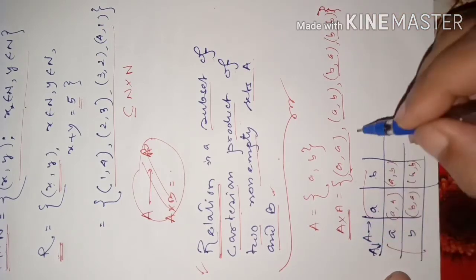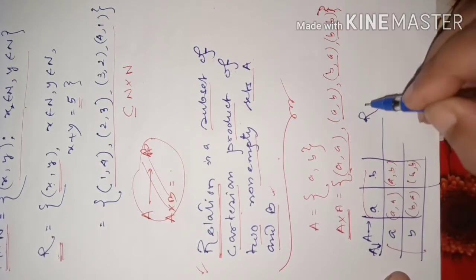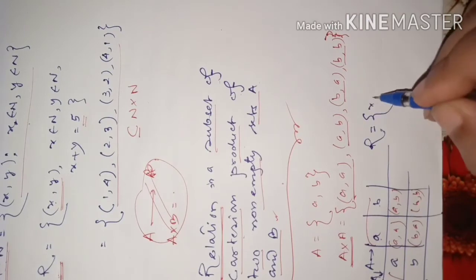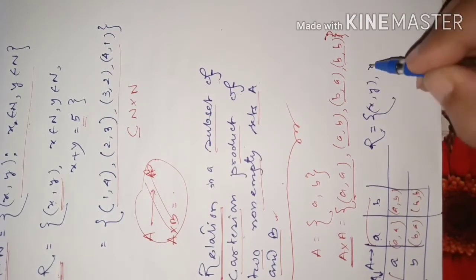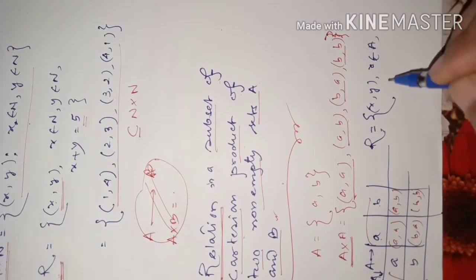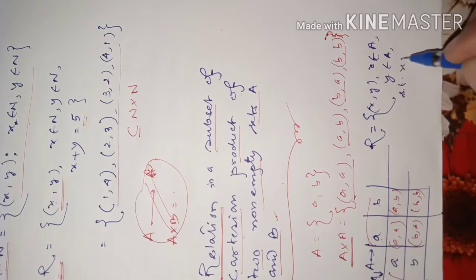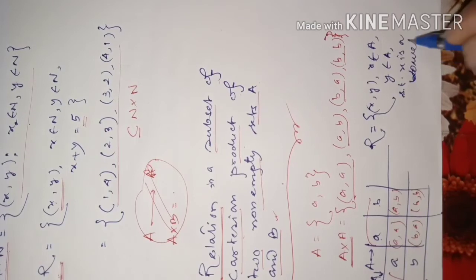That means from here, suppose I define a relation R, so that in it the pair (x, y) which will come, x belongs to A and y also belongs to A, such that x is a vowel. Suppose I have made one relation like that.